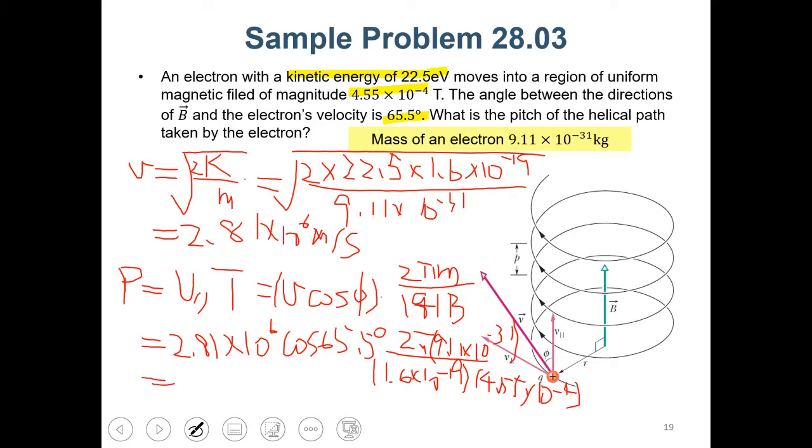So finally, the pitch should be 9.16 centimeters.